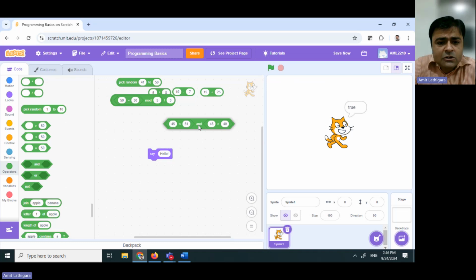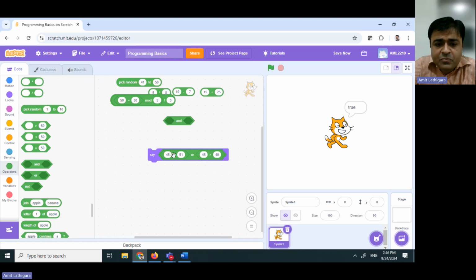So next logical OR. If both are true, then of course answer is true. If any one is true, for example here 55 less than 51, so this is false, while 45 greater than 40 is true, so answer remains true.